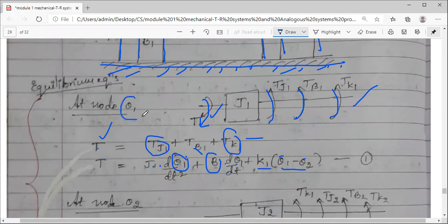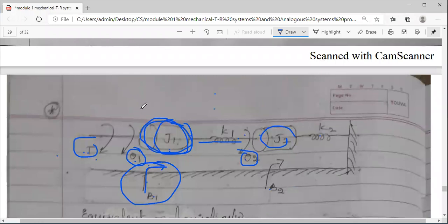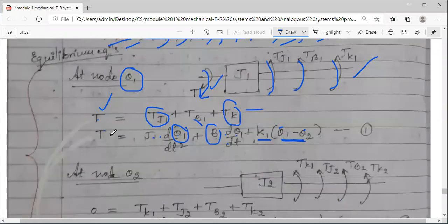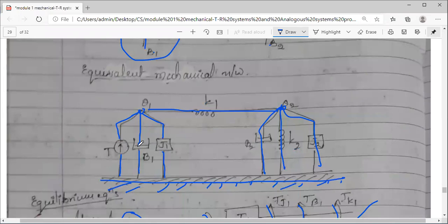Because I am analyzing for theta 1 at the node theta 1, so I have to take the difference, this minus this. But if I am analyzing for theta 2, it will become reverse, this first and then the next. So this will become theta 1 minus theta 2. This is your equilibrium equation, as this is for node 1 I'm talking about, theta 1.